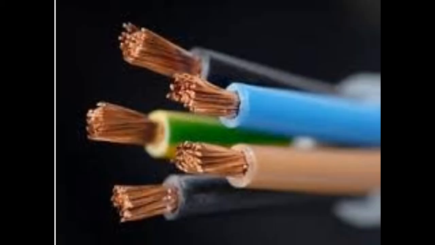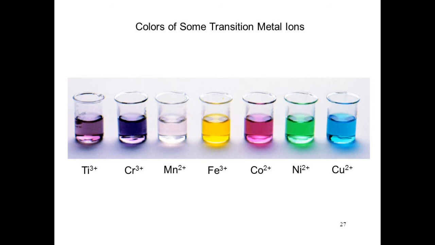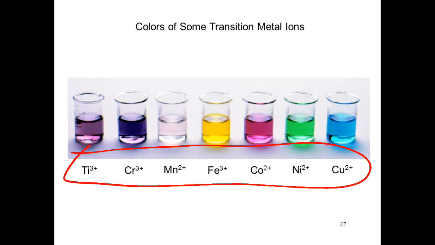More about them? Yes, what are you thinking? You must be thinking copper is there. Yes, it is copper, which is an efficient conductor of electricity and it is a transition metal. Look at the colorful ions. These colorful solutions are colorful just because of having transition metallic ions in them.